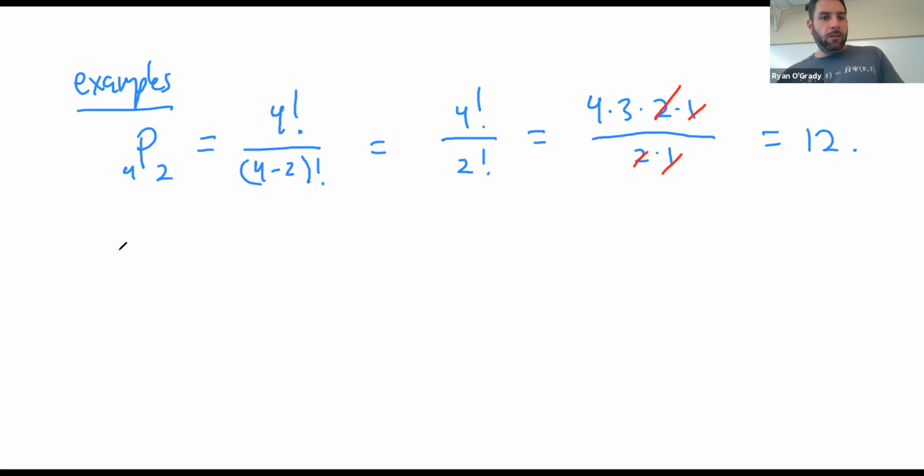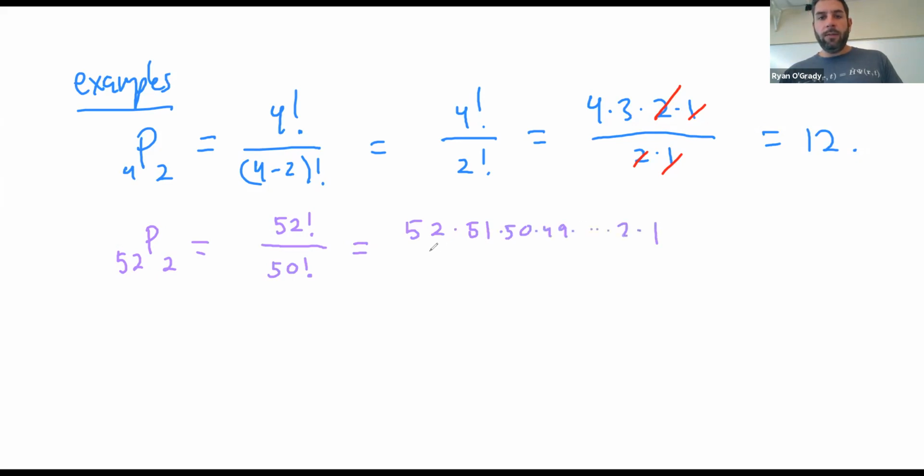If I say 52, 2, so this would be the number of ways that I can select 2 cards out of 52, for example. This would be 52 factorial over 50 factorial. And this simplifies, I'm not going to write it all out, but this is just going to simplify to 52 times 51. Now, you can do this 50 times 49 all the way down to 2 times 1 over 50 times 49 all the way down to 2 times 1.